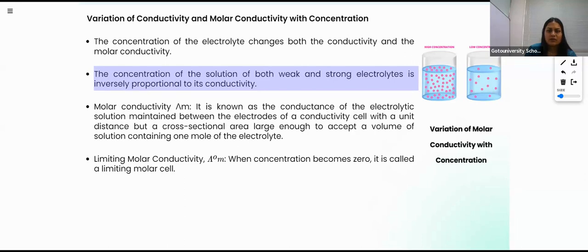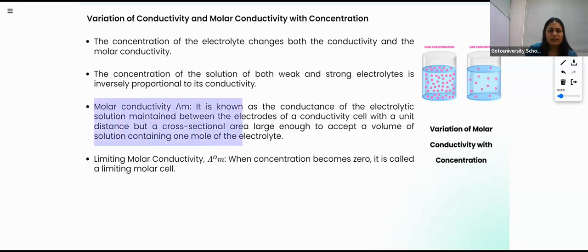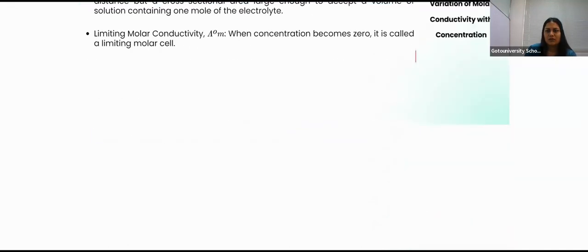If we are using a weak electrolyte, the conductivity will be low. For strong, the conductivity will be high, okay? Molar conductivity is also known as the conductance of electrolytic solution maintained between electrodes of a conductivity cell with a unit distance and unit cross-sectional area. As we have discussed, unit distance is what?